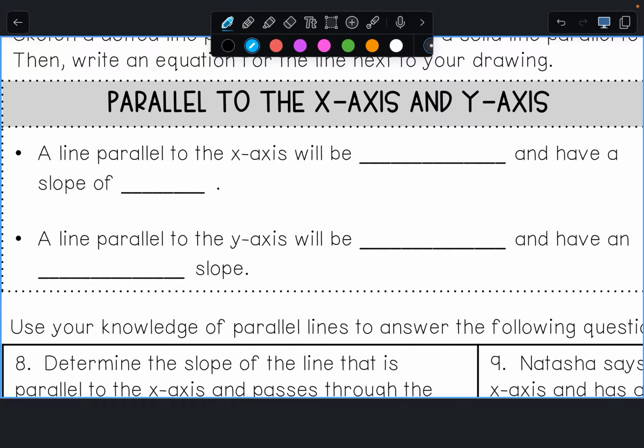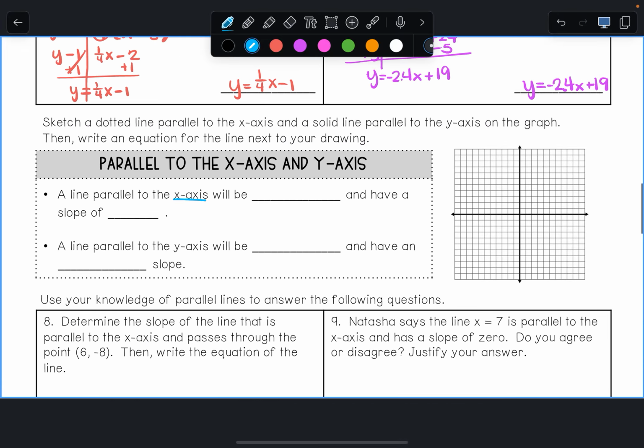It says a line parallel to the x-axis. Well, let's think about what the x-axis is. The x-axis on my graph is the line that goes what? Horizontally, right? So if it's a line that's parallel to it, my parallel line will also be a horizontal line.